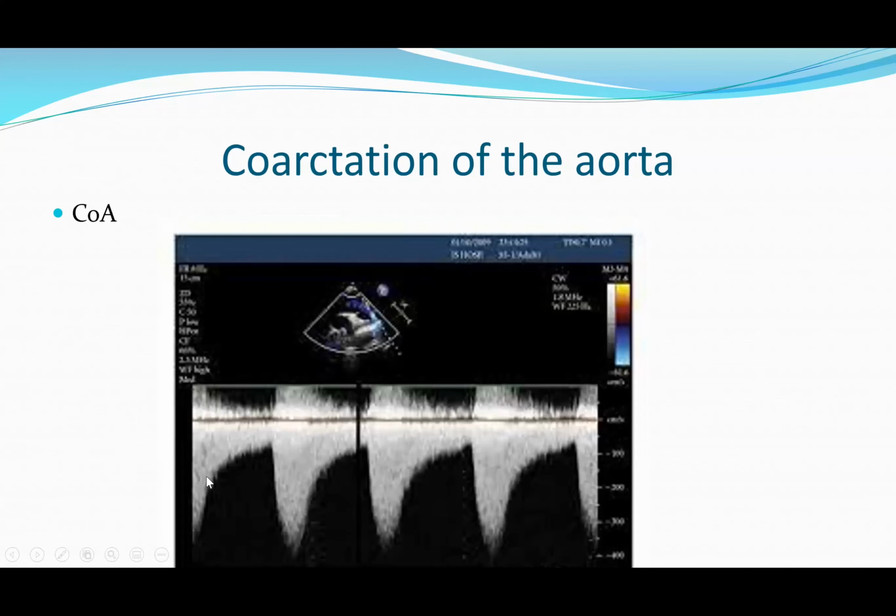When you're doing a study on a patient with coarctation, the arch view, the suprasternal view, is very, very important. Then you Doppler that area and you see the pressure gradient. This is about 4, which is significant. And then you also have to Doppler the aorta.